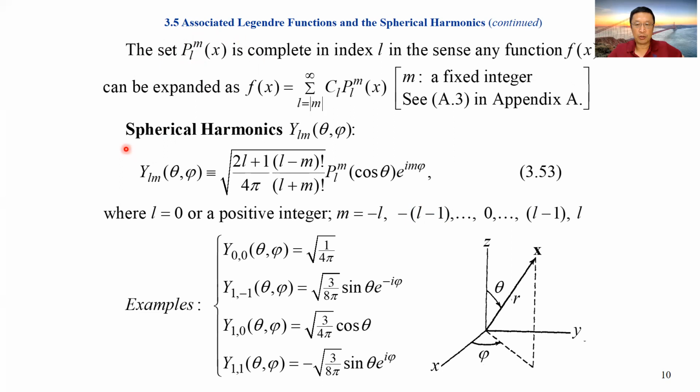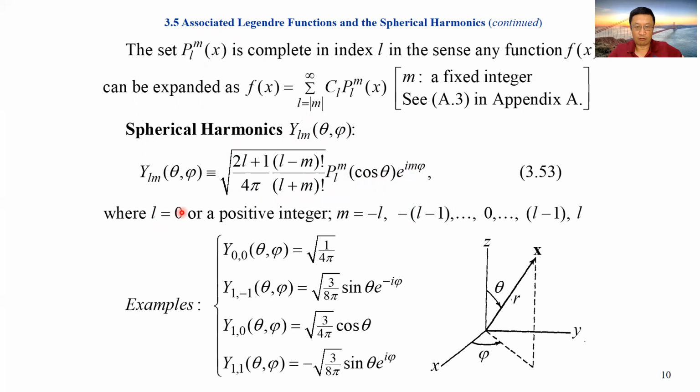So we are going to write everything. We write Y_L^m(theta, phi). It's a product of P_L^m and exponential i m phi.